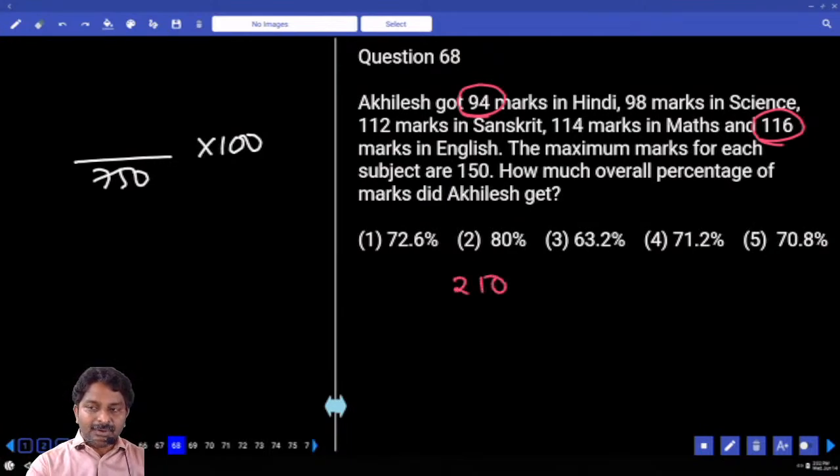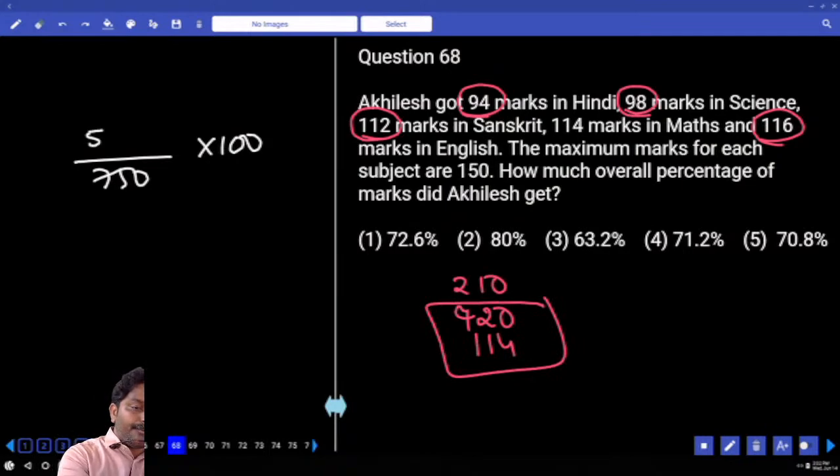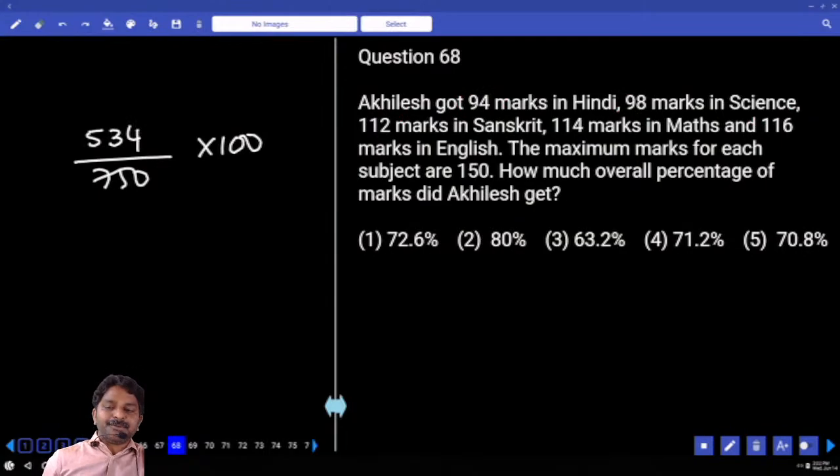Total 210. 98, 112, same logic. 2 taken from 112, added to 98. That fellow 100, this fellow 110. Total 210. Already 210. Now 420. Leftover fellow 114. If you add this, 534. Right? When you look at your options, options are nearby 70, 80.